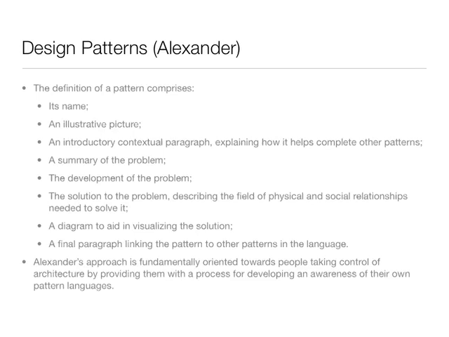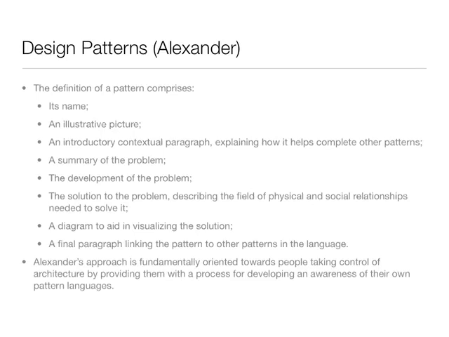comprise the following. The name of the pattern, a picture that illustrates what you're talking about, a paragraph that puts the pattern in the context of other patterns. There isn't just one pattern on its own; it's always set within the grouping of other patterns. A summary of the problem that the pattern is supposed to address, thinking through the problem, coming up with a solution to the problem and explaining what's involved in terms of physics.